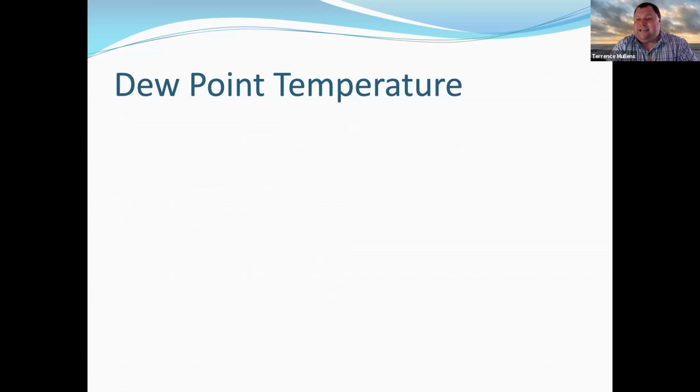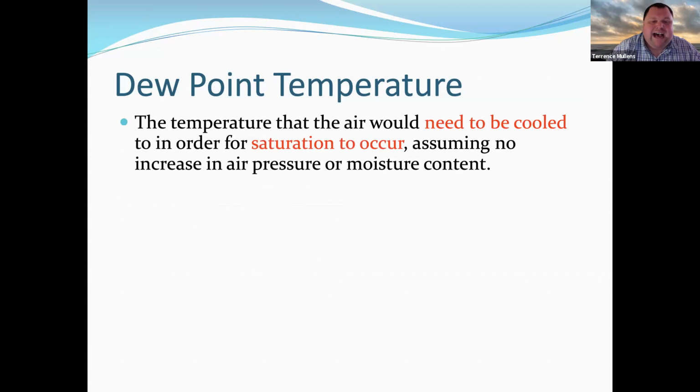That being said, there is a temperature that air would eventually reach saturation at. As the air temperature cools and cools and cools, relative humidity keeps going up, up, up. Eventually, the temperature is going to reach a level where relative humidity is 100%. That is where the air is saturated. And that is the dew point temperature.